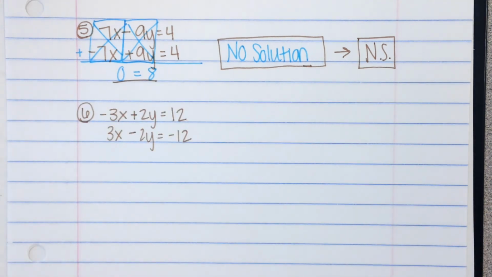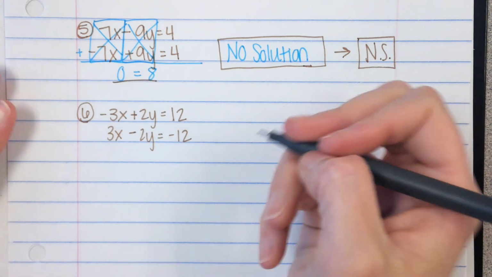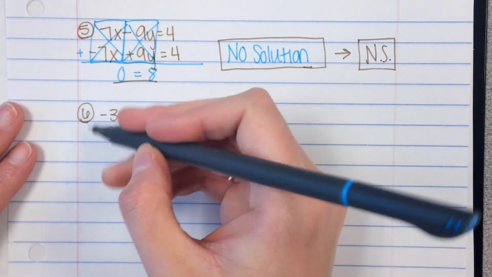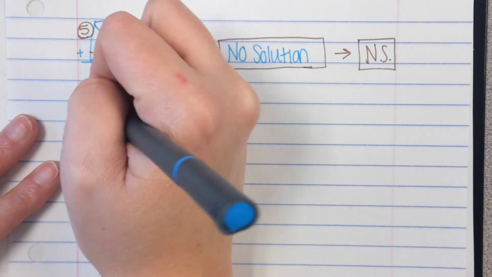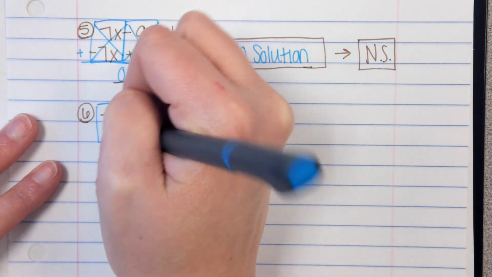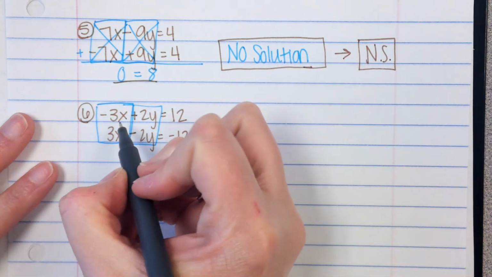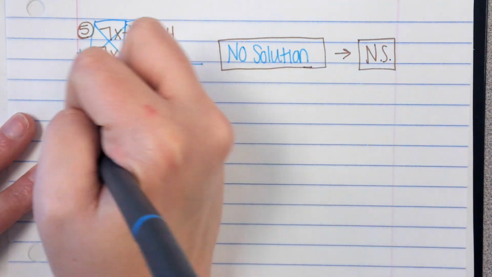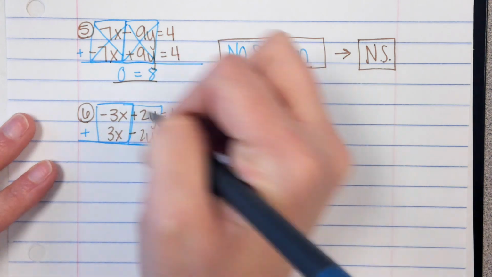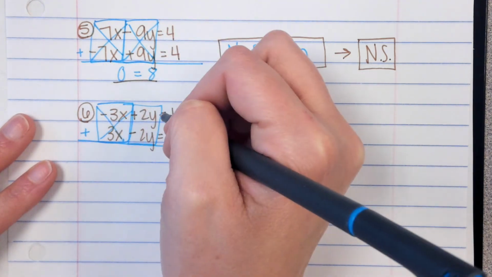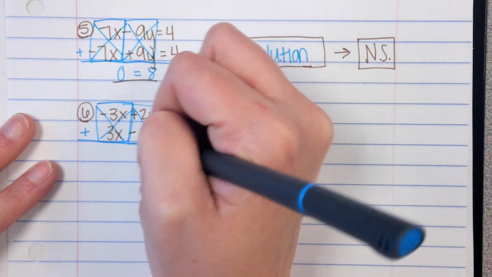Okay, here's one last example for us. This one is very similar to number 5. You notice your x's match, your y's match. Those have opposite signs, so we're going to add. What happens to negative 3x and 3x? Cancels. 2y, negative 2y, cancels.